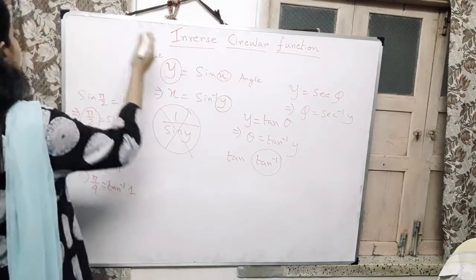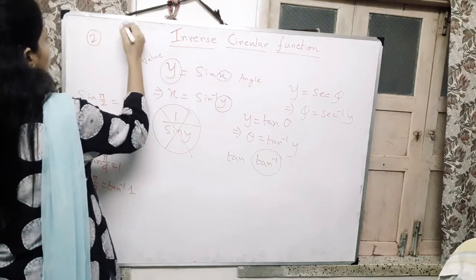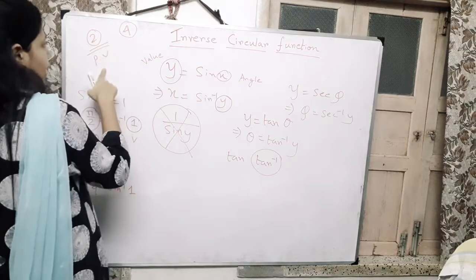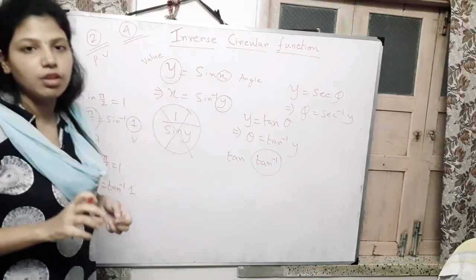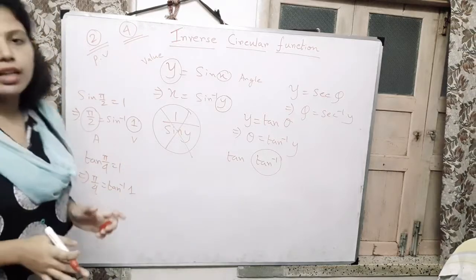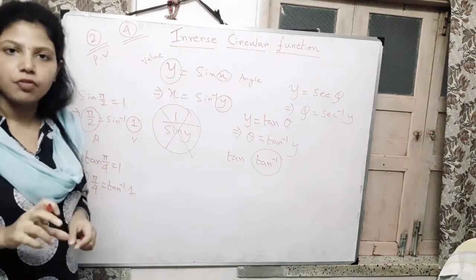In your exam there will be 2 questions, one of 2 marks and one of 4 marks. The 2 marks mainly comes from principal value, and the 4 marks mainly comes from using formulas. There are so many formulas, try to memorize them, and it is better if you make a chart of the formulas.